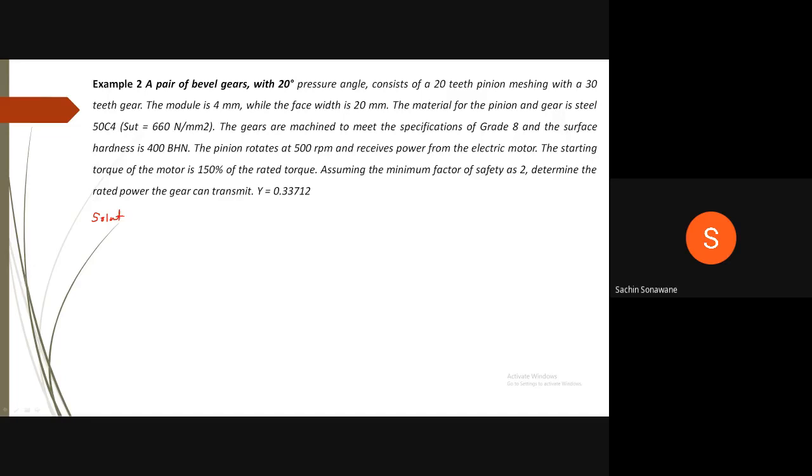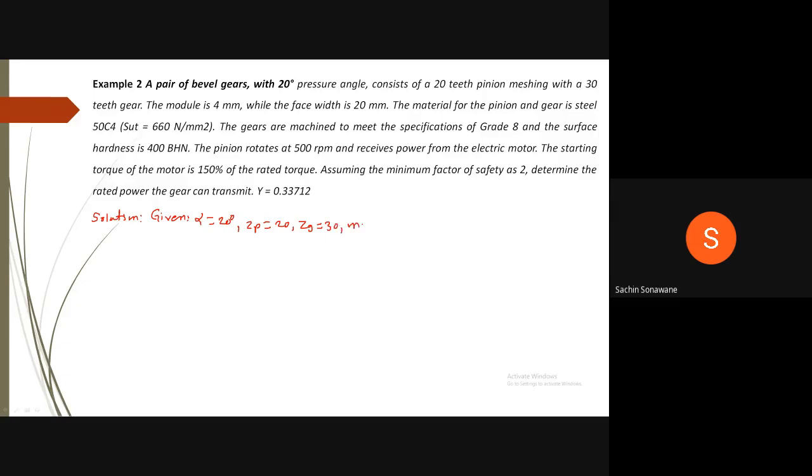Solution. Given data we will write: pressure angle alpha is equal to 20 degree. Then number of teeth on pinion ZP is equal to 20, ZG is equal to 30.